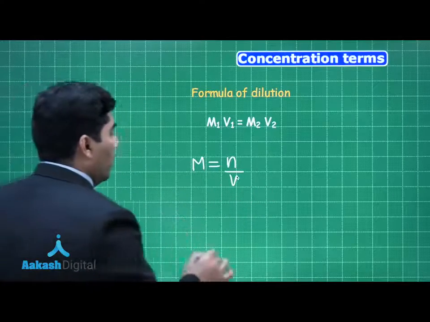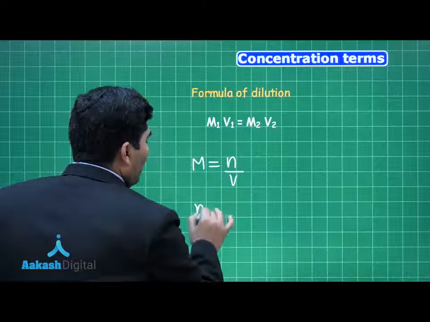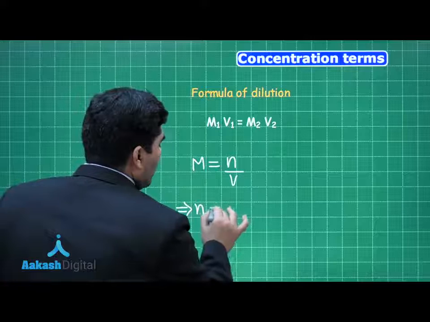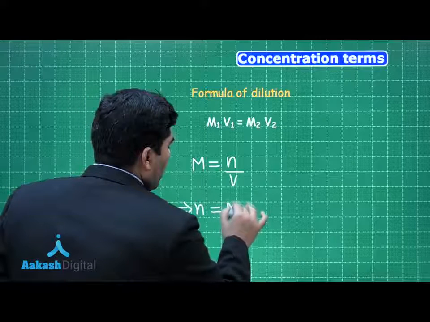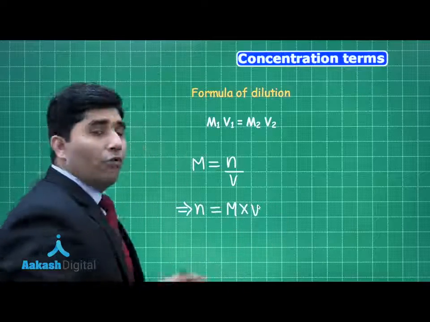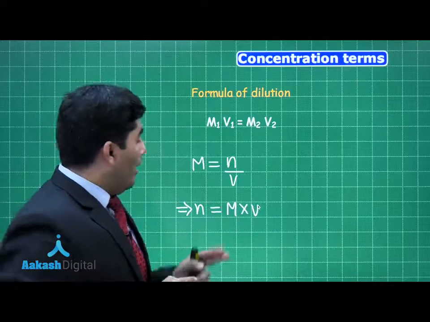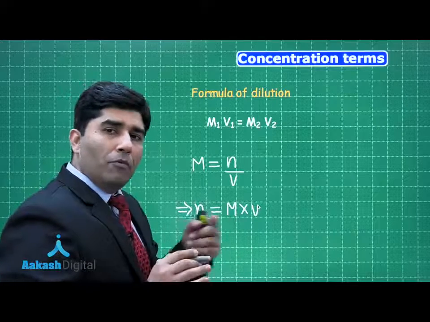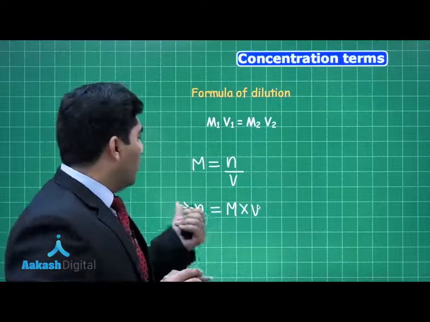From here we can write that the number of moles is equal to molarity into volume. So, whenever molarity is given to you and volume in liters is given to you, you can multiply them, and you will get the number of moles.